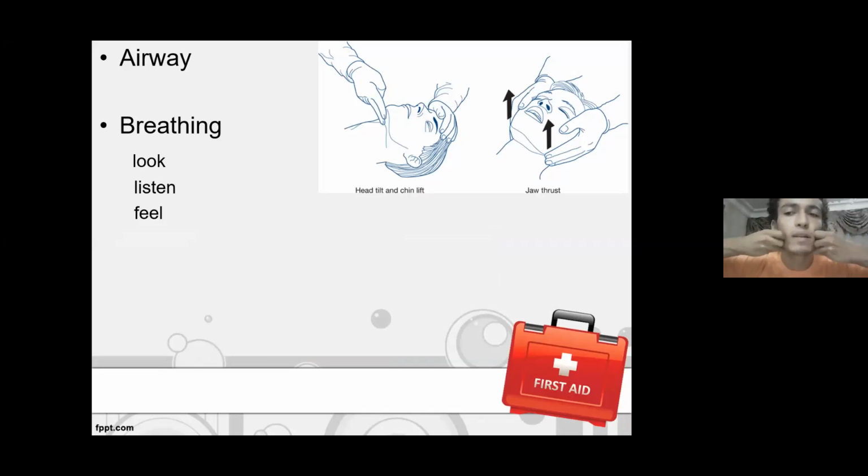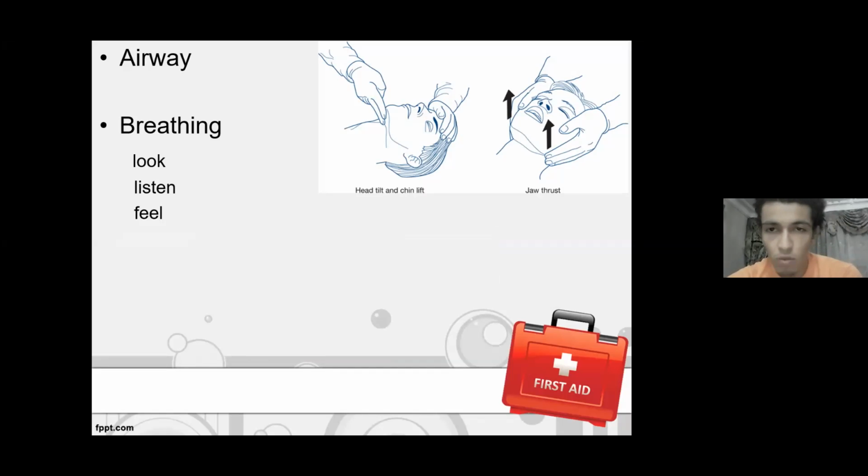So I open it by fixing the neck, not moving his neck, and pushing his jaw down, so I open his mouth without moving his neck. This is used if I see a suspected spinal injury of the neck.